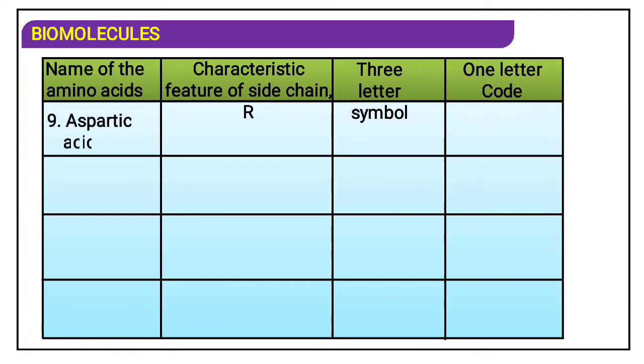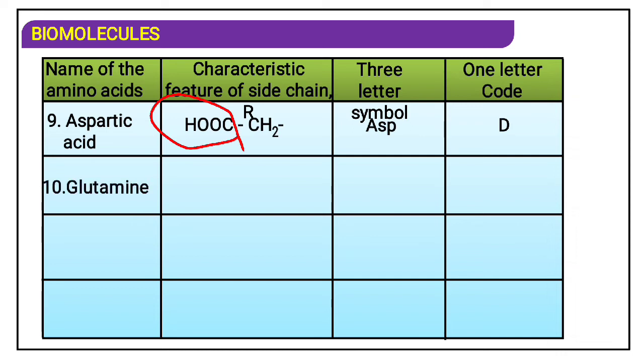Next, after glutamic acid, there is aspartic acid. In aspartic acid also, one extra COOH group is present. When one extra COOH group is present, it again belongs to the acidic amino acids. Okay, and the next one is glutamine. Glutamine is one of the basic amino acids.